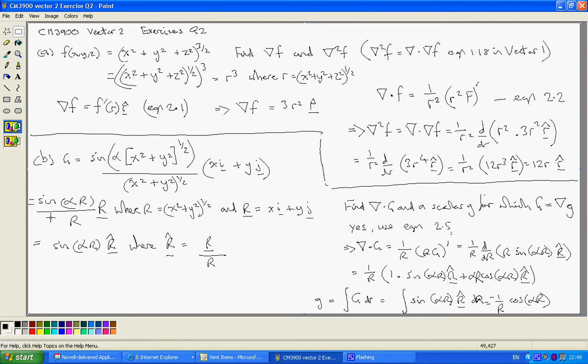Furthermore, we can simplify this by saying that the vector r divided by R is the unit vector, capital R hat.